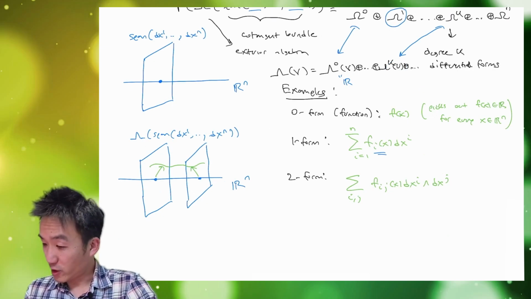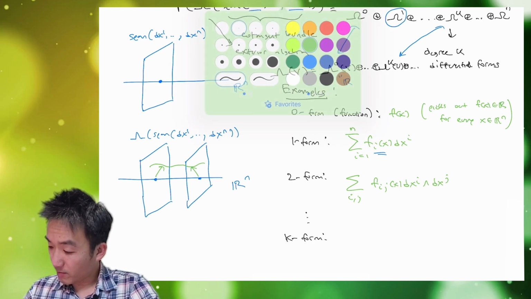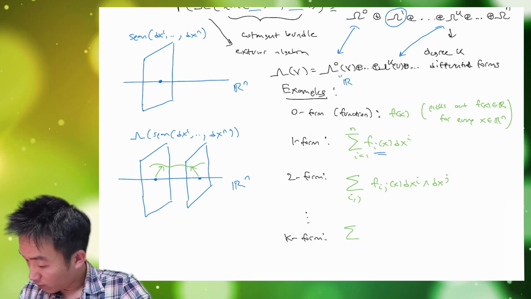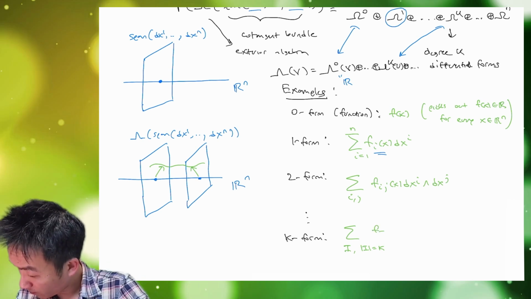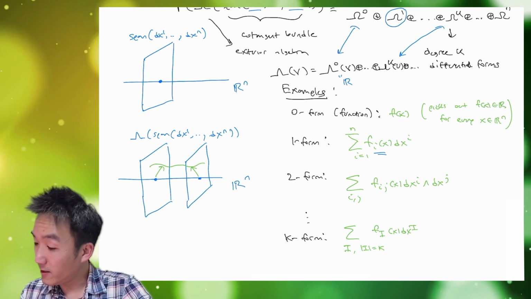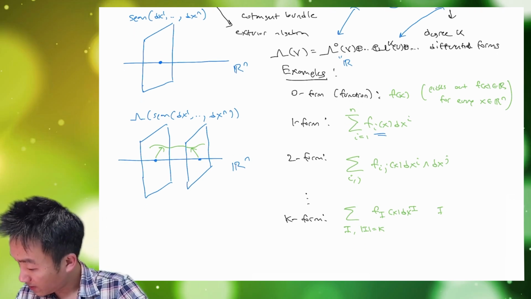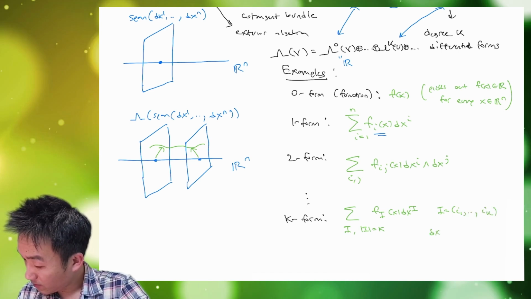And likewise, for a general k form, we're going to have a sum over all possible choices of k indices, where dx to the index set I, if I is this tuple here, you just wedge the corresponding components.